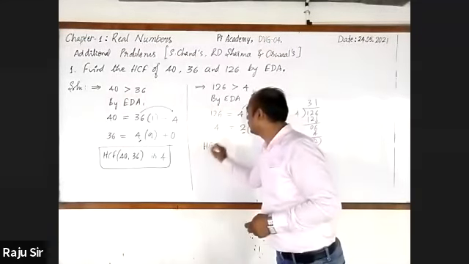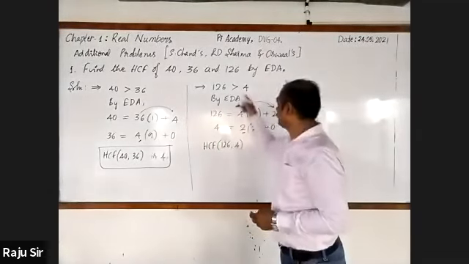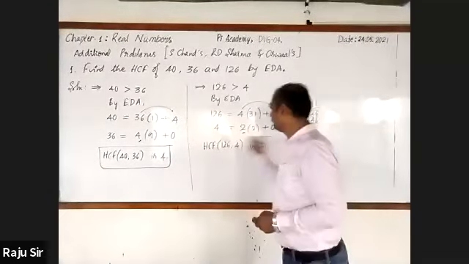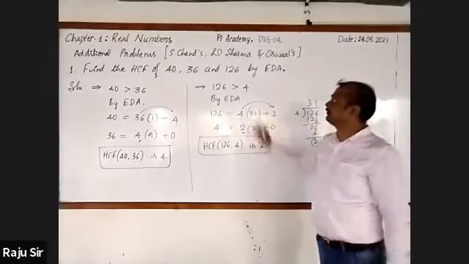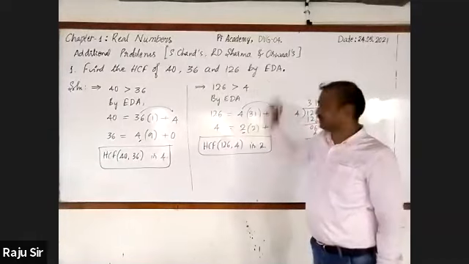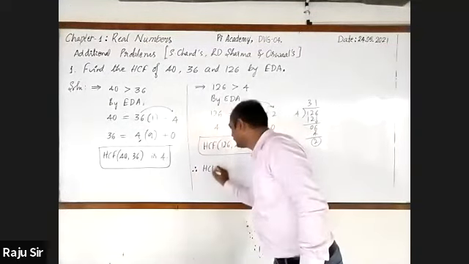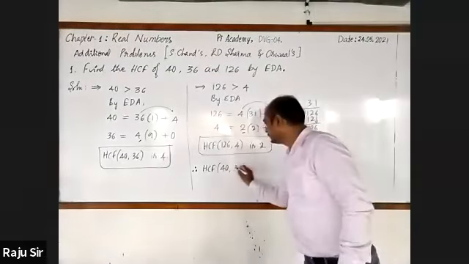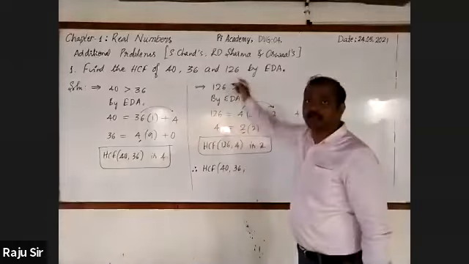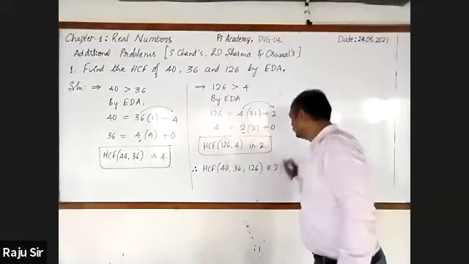Now here I write: HCF of 126 and 4 is 2. This will also be the HCF of the given numbers. Write the final conclusion: HCF of the numbers 40, 36 and 126 is 2.